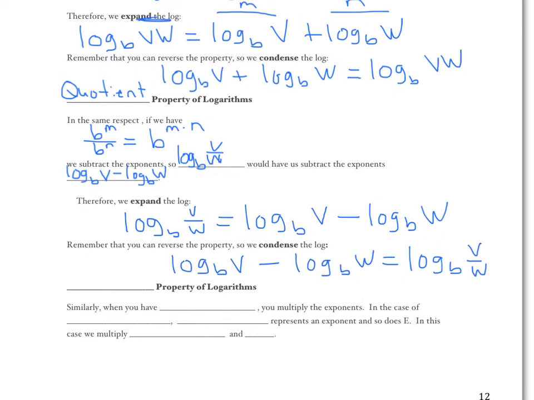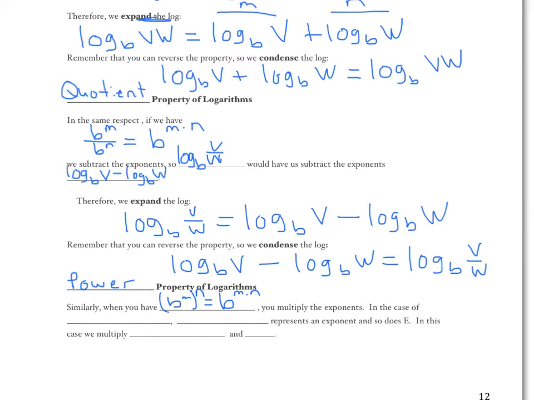The next is if we have a power property. So if we have a power raised to a power, that's a power property, we're going to do that for logarithms. So similarly, when you have b to the m, and that's raised to the n, we really have b to the m times n. And you multiply those exponents.